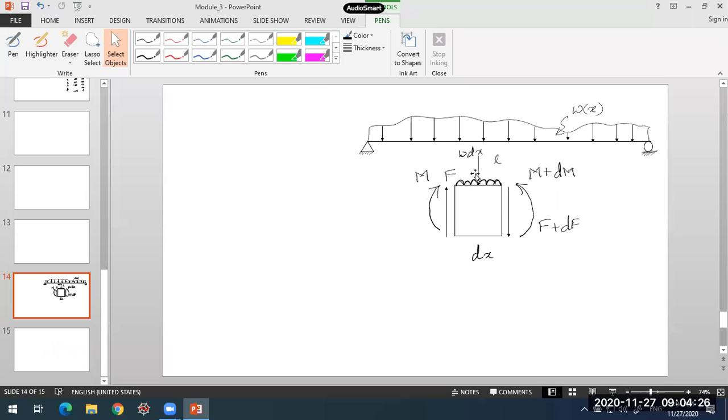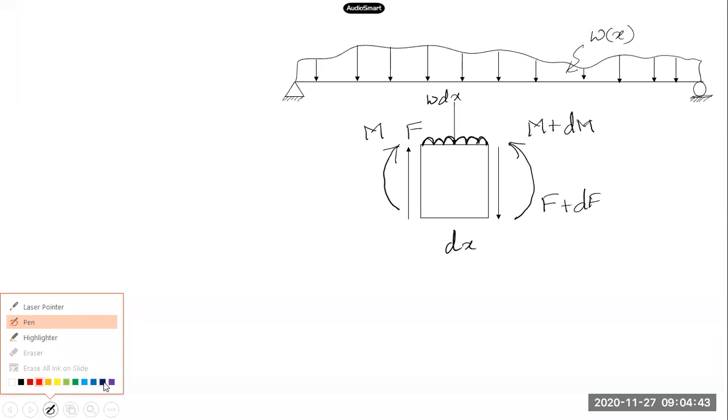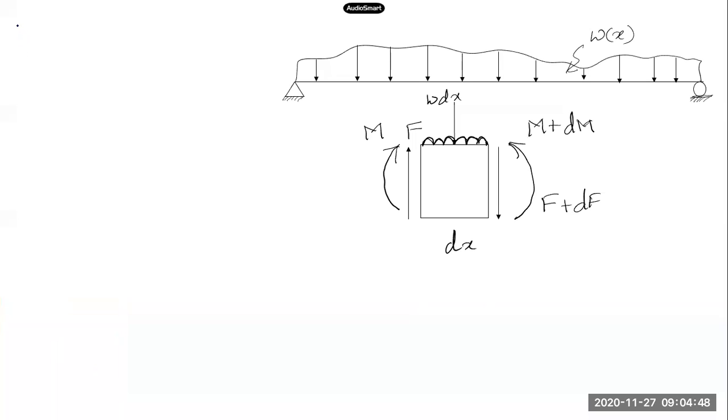This is of span L. What we are actually finding out is the relationship between the load intensity W, shear force, and bending moment. We'll look into this relation here.